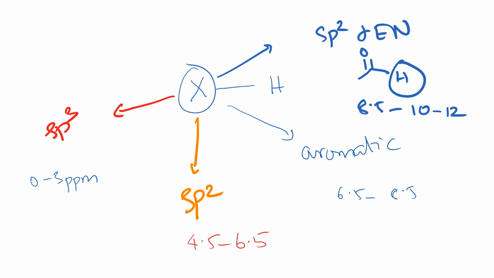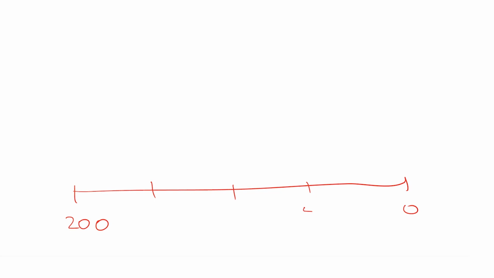Okay. Now, we have a good idea about where the proton NMR spectrum shows up, but a similar trend can also be seen in the carbon NMR. So, I am just going to draw out the carbon NMR scale. We know that it is somewhere between 0 and 200, and here let us just divide it into 50, 100, 150, and as we discussed, this is chemical shift in ppm.